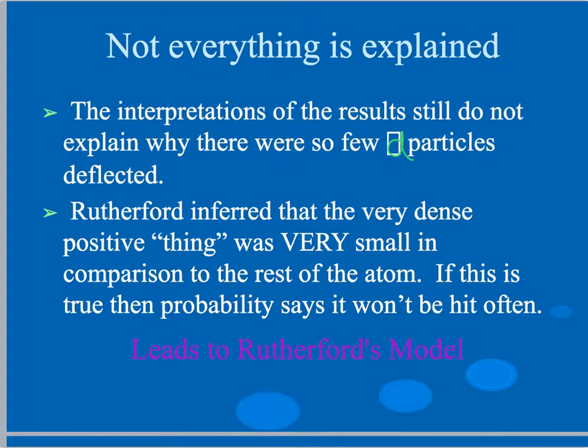So for the most part, the alpha particles would just pass through, but if they lined up just right with that positive center, then they would either bounce right back or be deflected. So this all together leads to Rutherford's model of the atom.